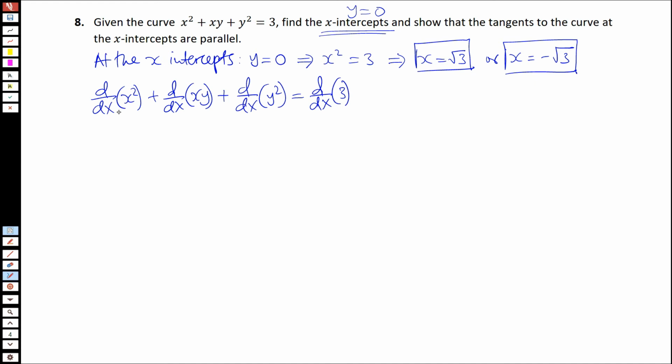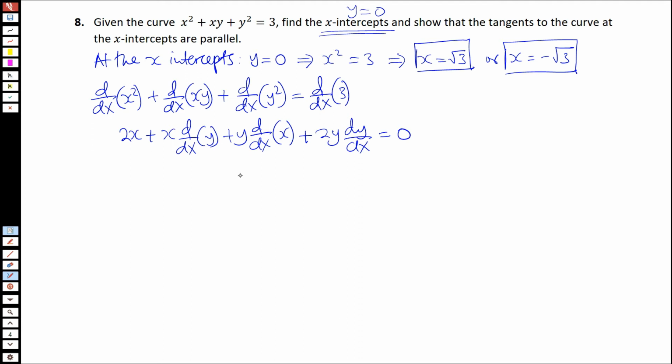Now the derivative of x squared will just be 2x. Here we have to use the product rule because these are a product of two functions. So x multiplied by the derivative of y plus y multiplied by the derivative of x, plus, here you have to apply the chain rule, so 2y dy over dx, and that should be equal to 0.